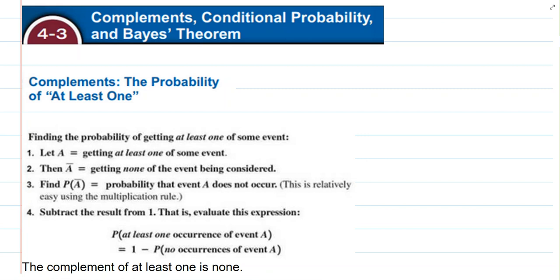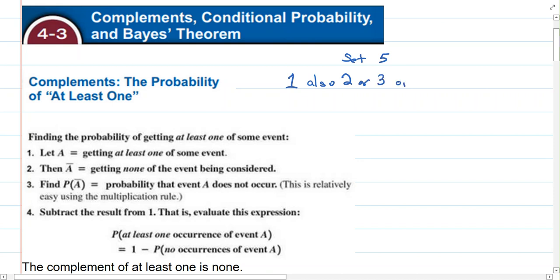So we consider the probability of at least. Meaning if I get at least one and the set has five, then I could also have two or three or four or five of the elements.